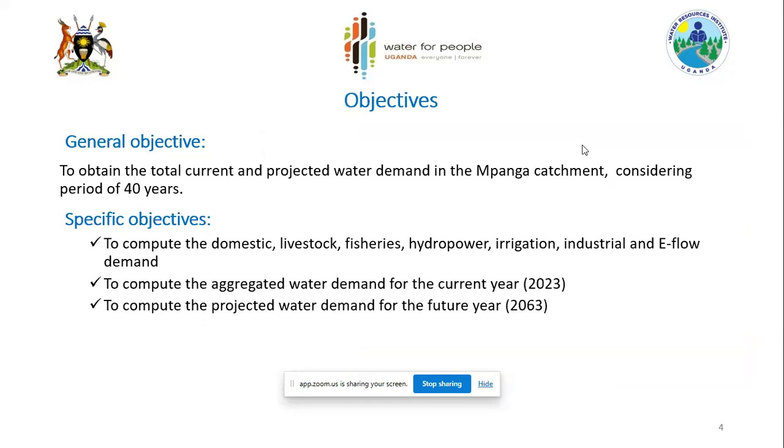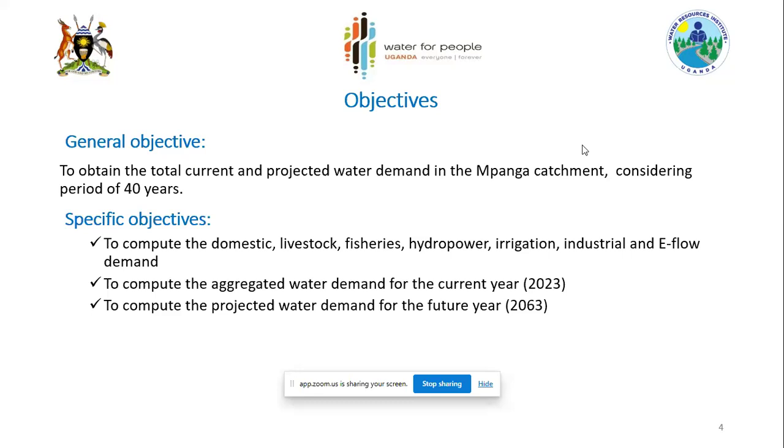So the objective of this study was majorly to obtain the total current and projected water demand in the Mpanga catchment, and this was considering a period of 40 years. And to execute this, we did specific objectives.